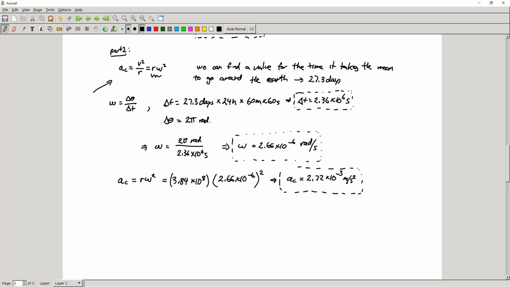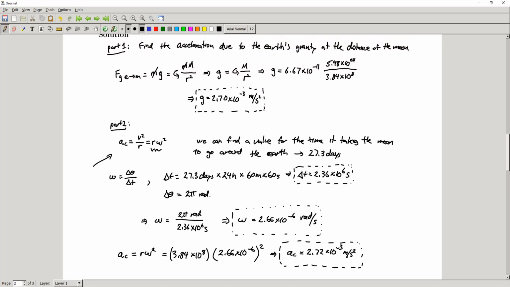And so what have we found here? We found that the gravitational acceleration due to the Earth's gravity at the distance of the moon was 2.7 times 10 to the minus 3 meters per second squared. And we found that the necessary centripetal acceleration, which can only be supplied by the gravitational acceleration in this case, would need to be 2.72 times 10 to the negative 3 meters per second squared.